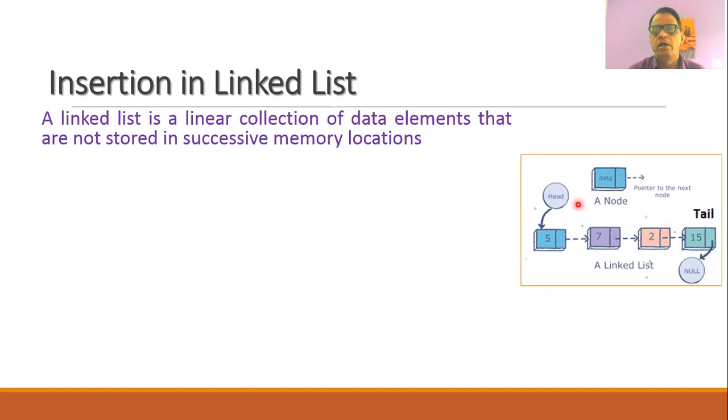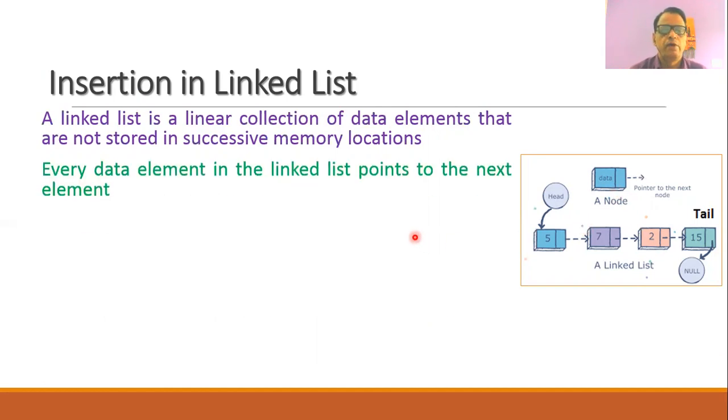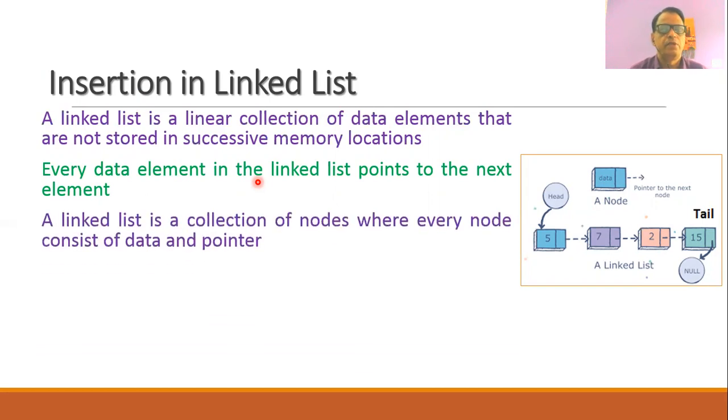Every linked list consists of nodes, where every node consists of a data part or information part, and a pointer part. This pointer part is a kind of link that points to the next element of the linked list.